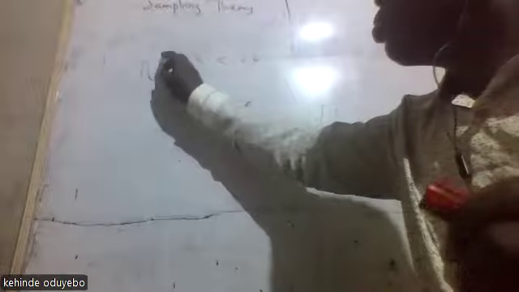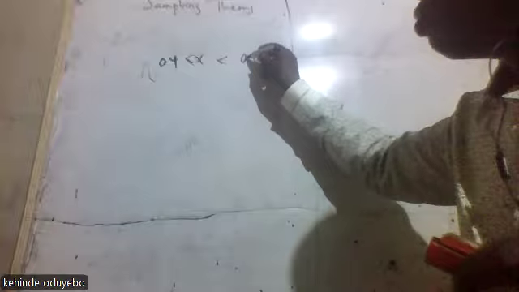So we are looking for the probability of heads. They said 40%, which is 0.4, and 60% is 0.6, isn't it? I believe you can see the board. 0.4 less than X less than 0.6.